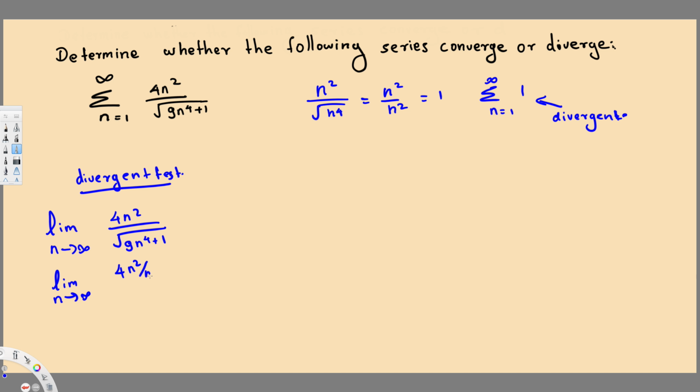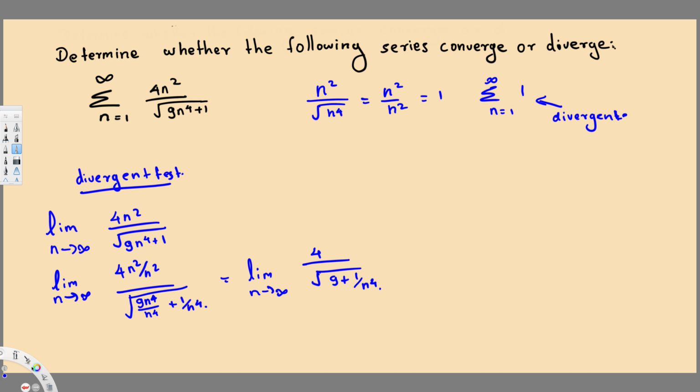4n square divided by n square, and when we divide within the square root, we have to divide by n power 4. It's the same as dividing by n square on the outside. So we divide by n power 4, giving 9n power 4 plus 1 over n power 4. If we simplify, the limit as n approaches infinity is 4 over the square root of 9 plus 1 over n power 4.